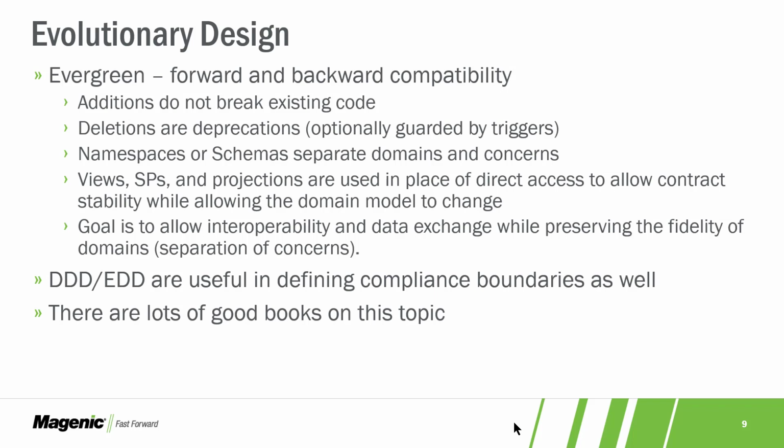There's also a couple of good books on evolutionary design of APIs and so on. And there's a really great book on frameworks and how those are evolutionary, called the Framework Design Guidelines, that was written coming up on a decade ago about the design of the .NET framework.